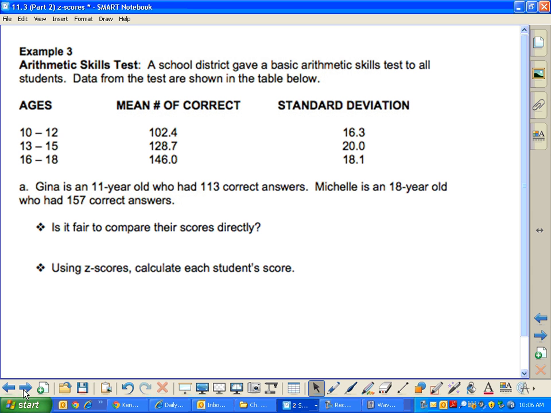All right, who can tell me why? What do you think, Grace? Yeah, it's not fair. It's mean. Michelle, being 18 years old, has more exposure to arithmetic because she's been through some more math classes. However, Gina, well, she's only 11. What is that, like 6th grade?